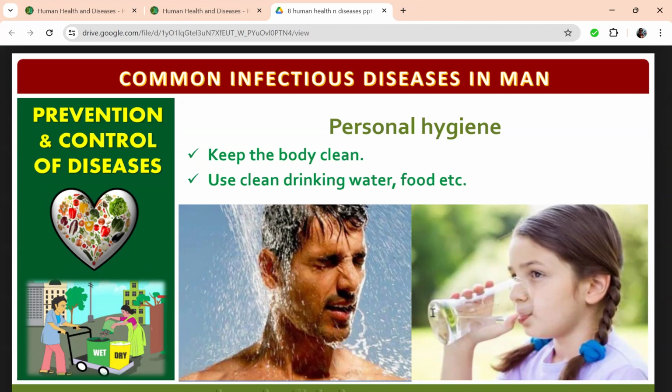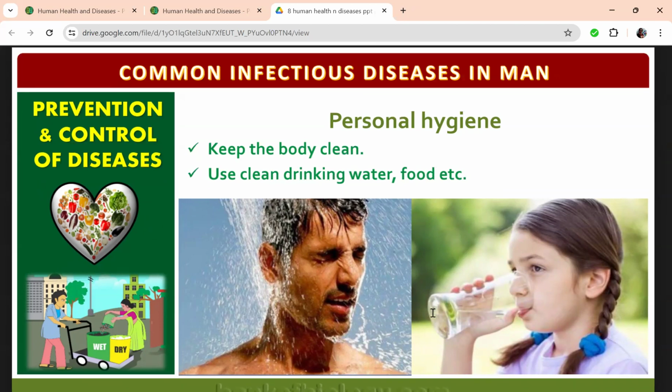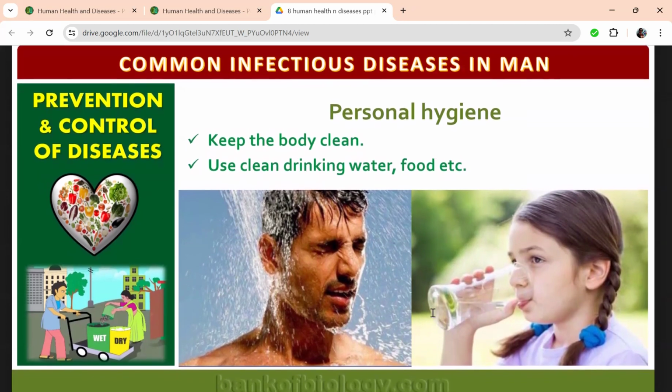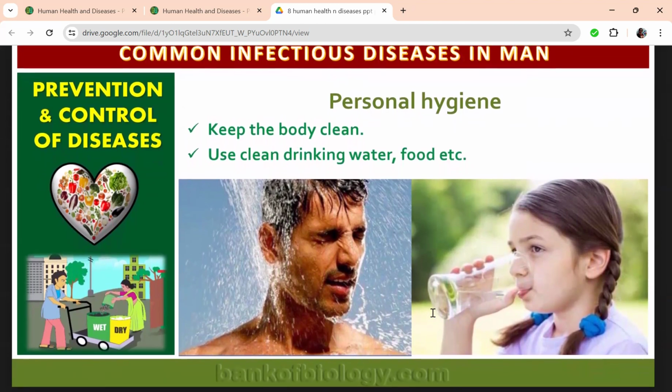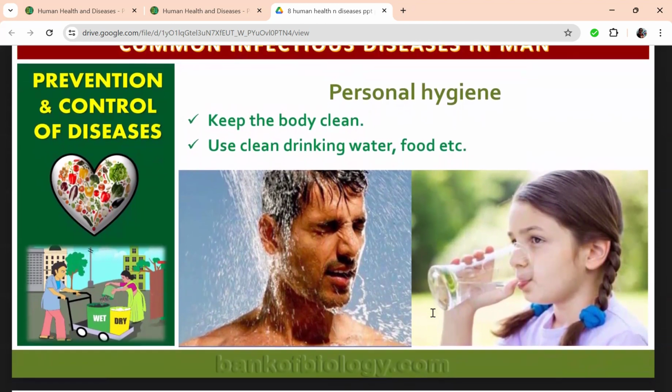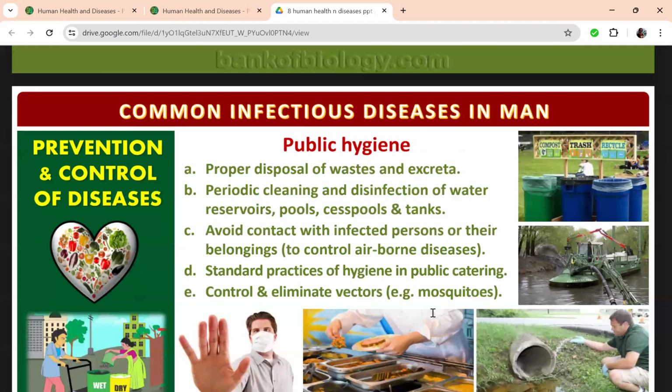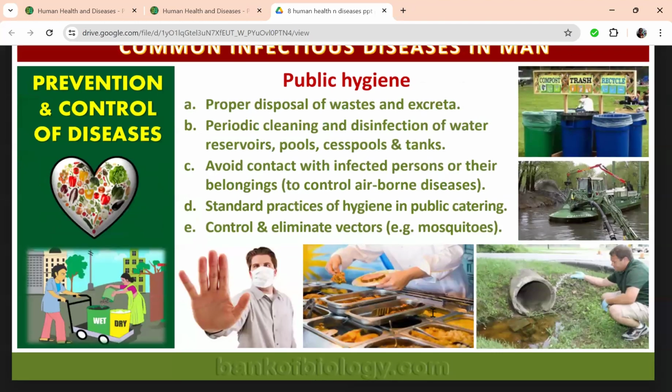Now, for common infectious diseases in man, we have personal hygiene. Prevention and control of diseases is very important, where you need to keep the body clean and use clean drinking water, food, etc. Public hygiene is also very important, so that you have proper disposal of waste and excreta, and periodic cleaning and disinfection of water reservoirs, pools, cesspools and tanks.